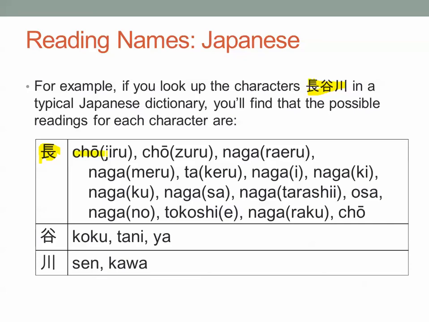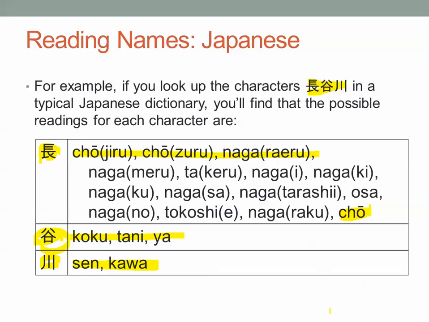So it can be read chojiru, chozuru, nagarareru, nagameru, takeru, nagai, nagaki, etc. So we got lots of different readings. These are all the kunyomi. And then down here we've got the onyomi, cho. How about this kanji? That one, if you look up, it has 3 different possible readings, koku, tani, or ya. And this kanji, if you look it up, will give you these 2 readings, sen and kawa.